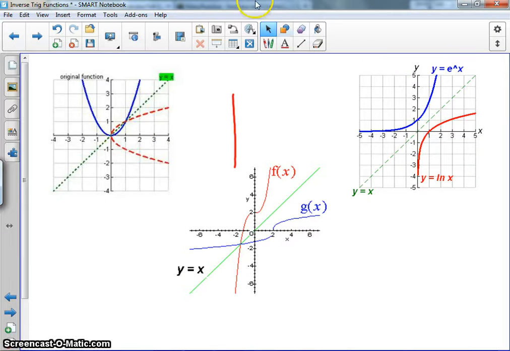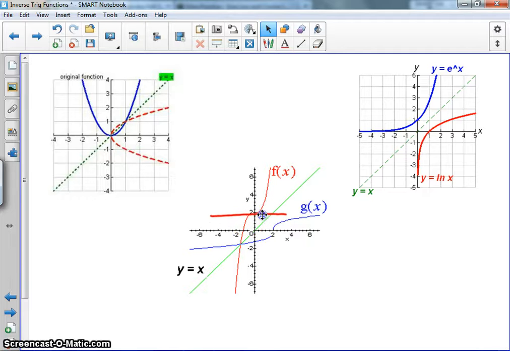And so in order for us to not have to look at the graph of the inverse, all we have to do really is just look at the original function, and see if it passes the horizontal line test, which means if this line goes through the original function more than once, this graph does not have an inverse. And we could tell that because this is not a function. This one would pass this horizontal line test, even though right here it's kind of got like a little plateau point.